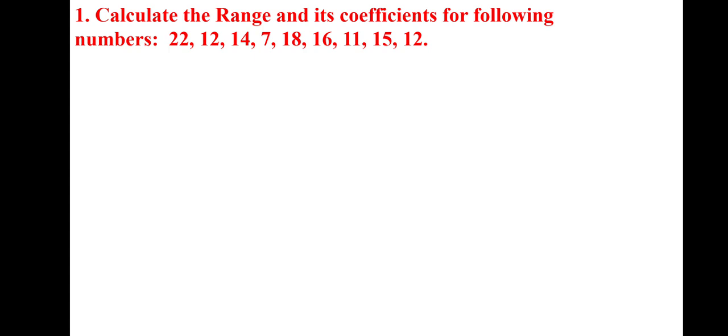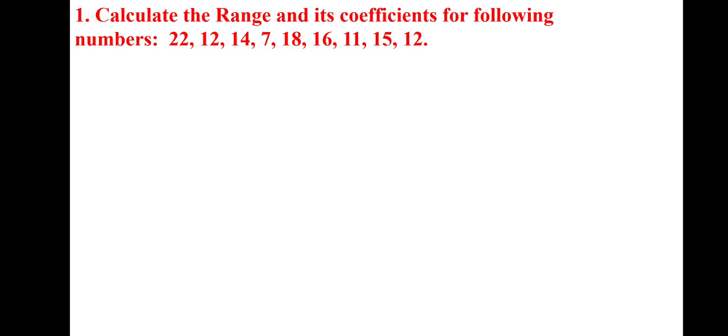What are we going to study in this unit? Range, quartile deviation, mean deviation, standard deviation. For all four methods we will study the coefficient. Now we are going to study individual observation, range and coefficient of range.